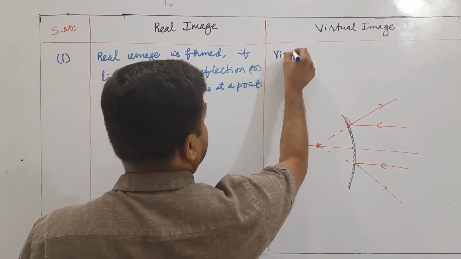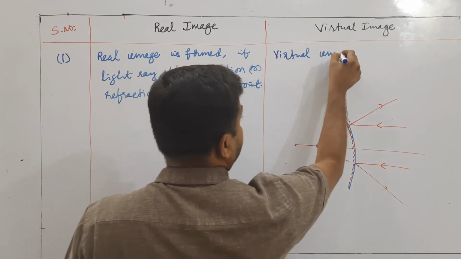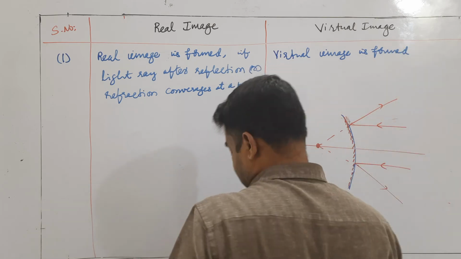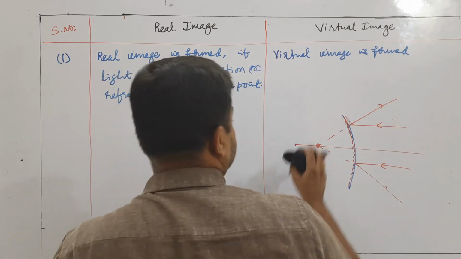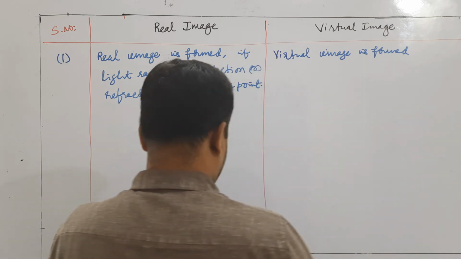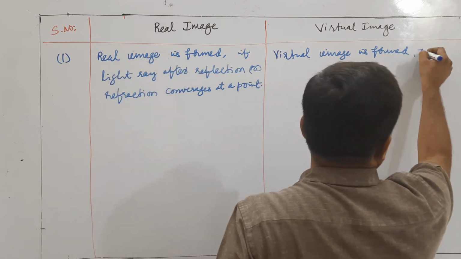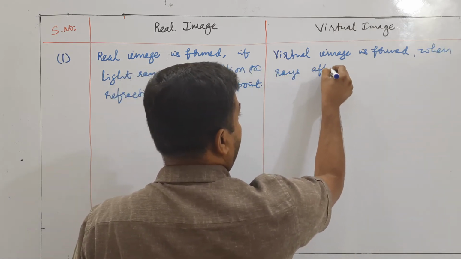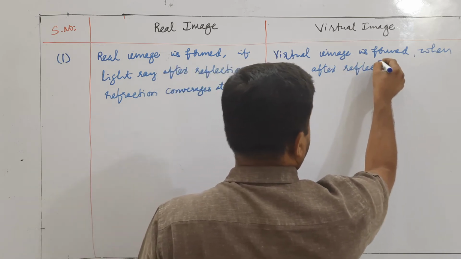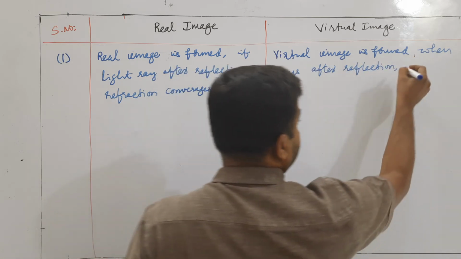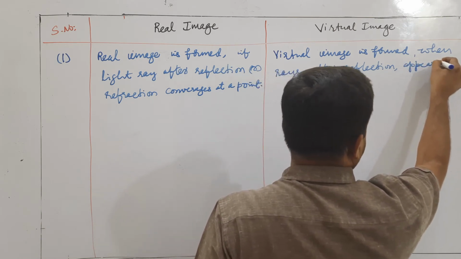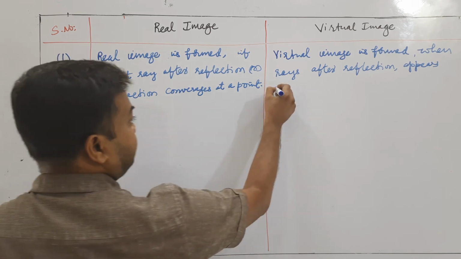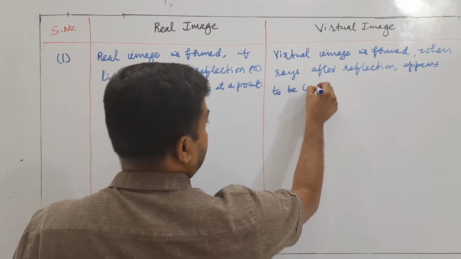Virtual image is formed when rays after reflection appear to come from a point.